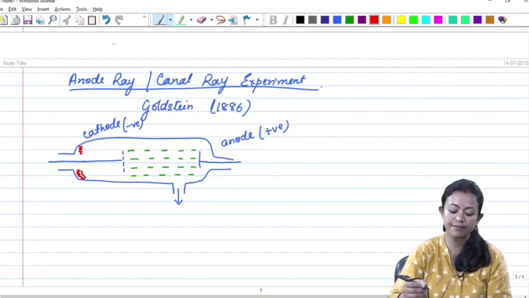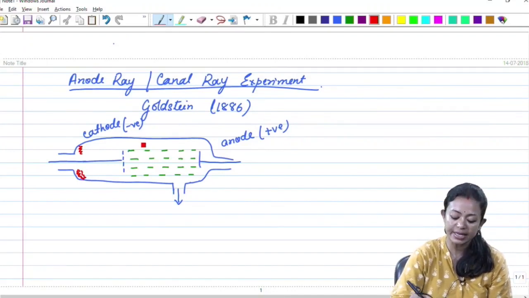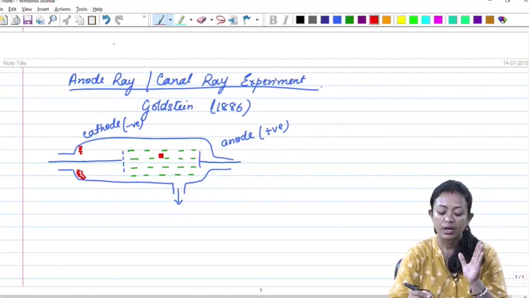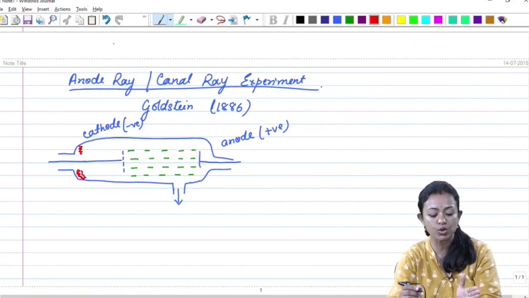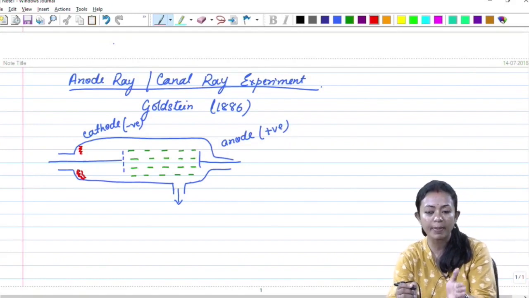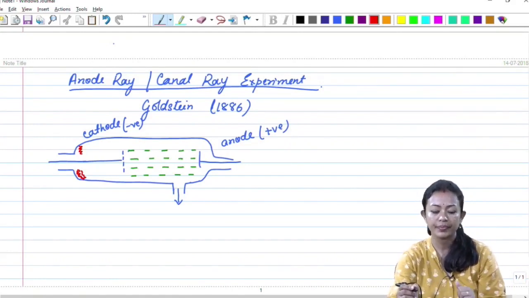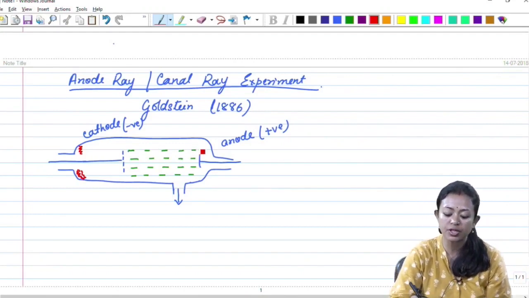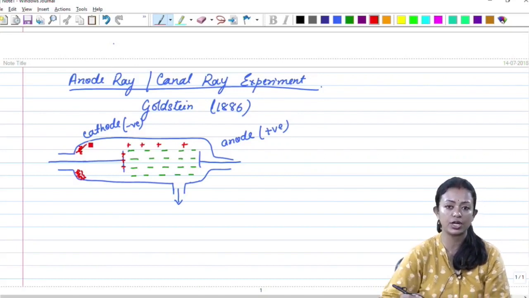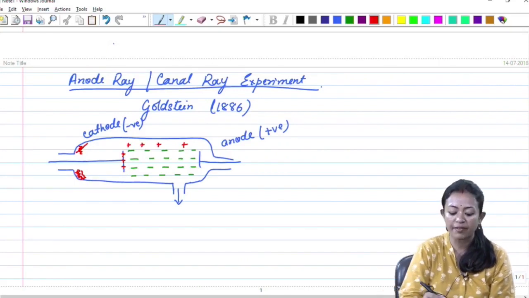When he analyzed, he found that when an electron was moving from the cathode towards the anode, the negative charges moved from one part to the other. So the positive charges which were left behind then started moving from the anode towards the cathode, and they passed through the perforation and struck against the discharge tube, thereby giving a red glow.